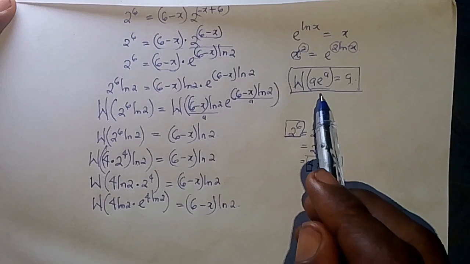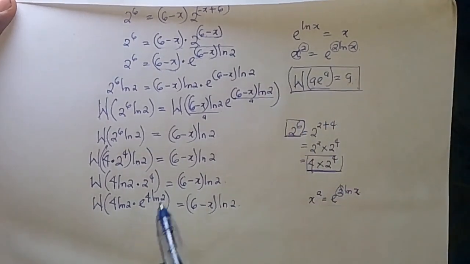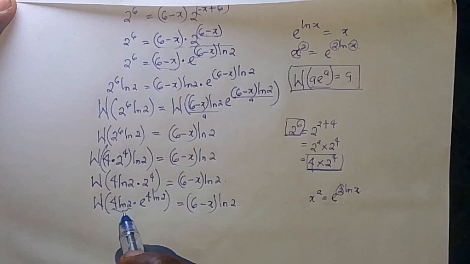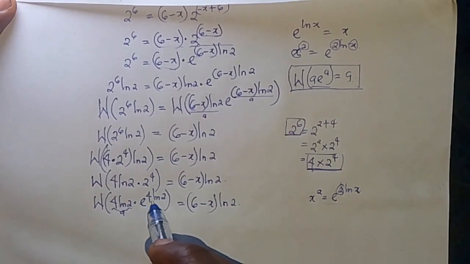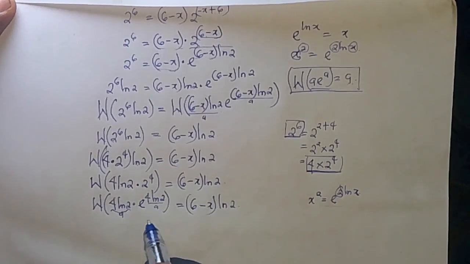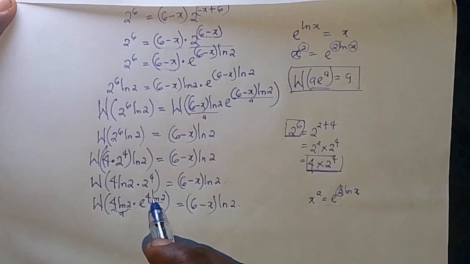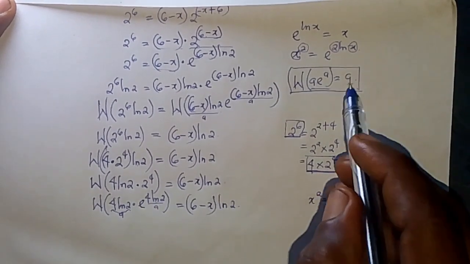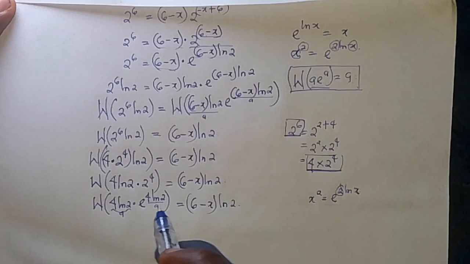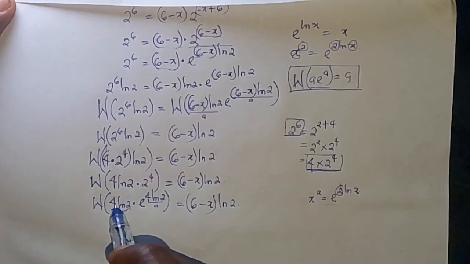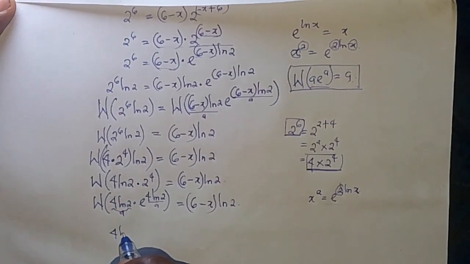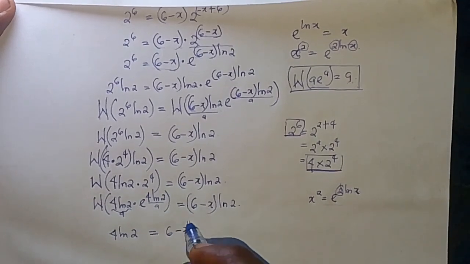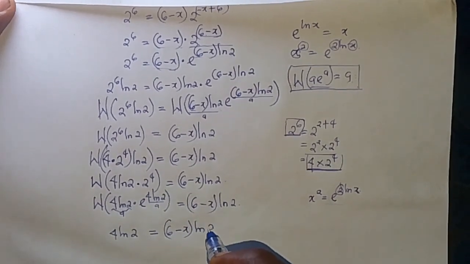So if we apply this law here, that is, we take this to be a, and we also take the whole of this to be a, since they are the same, that a multiplied by e to the power of a, the Lambert W function of any expression in such form equals a, that is the whole of this equals a, and the a here is 4 ln 2, and this equals 6 minus x ln 2.